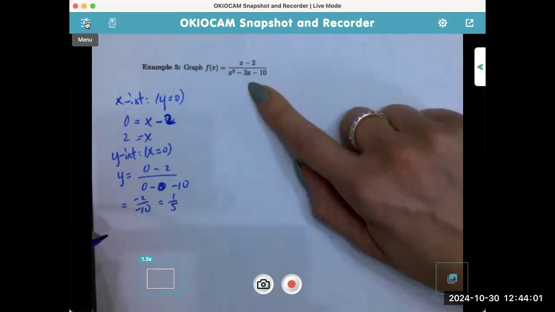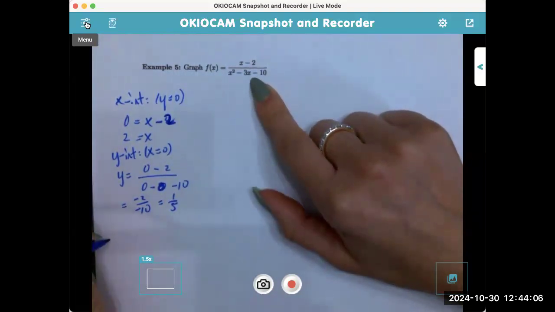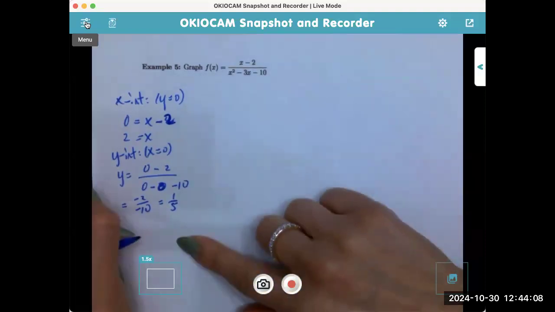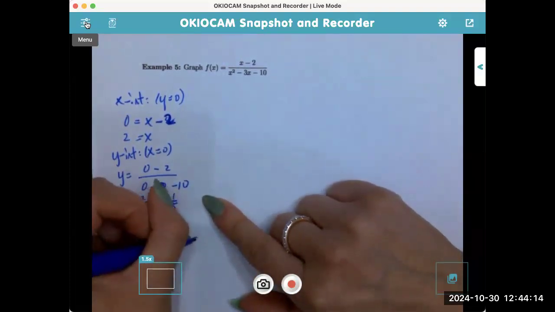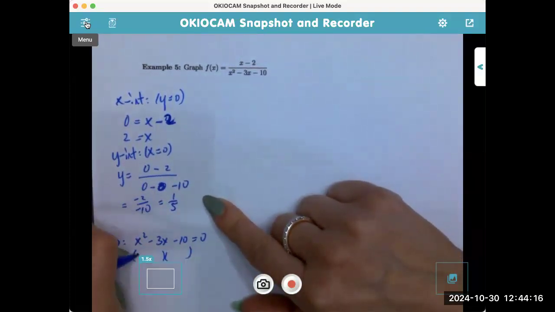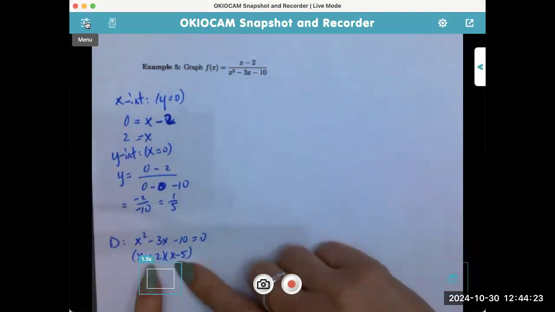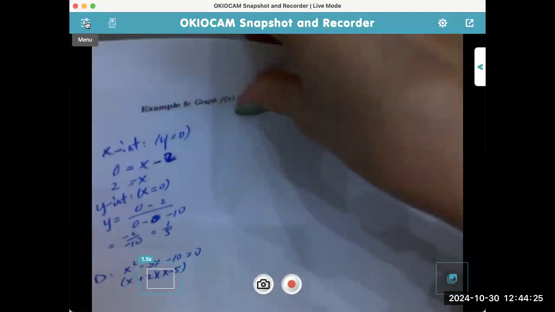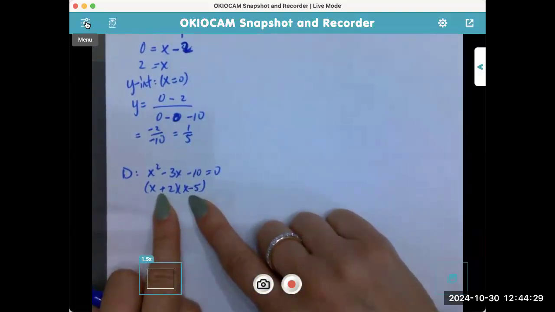Okay, so here, just while we're at it, the domain. Remember, domain means you take the denominator and you want to find where the denominator is 0. So 10 is 5 and 2. That's a negative and a plus, because the 2 times -5 is -10. -5 plus 2.